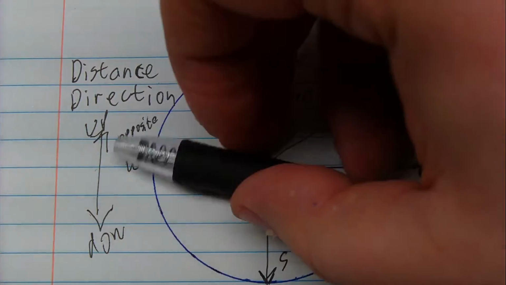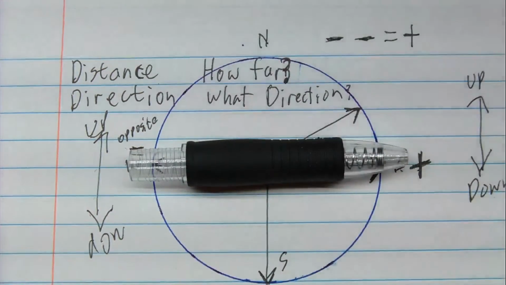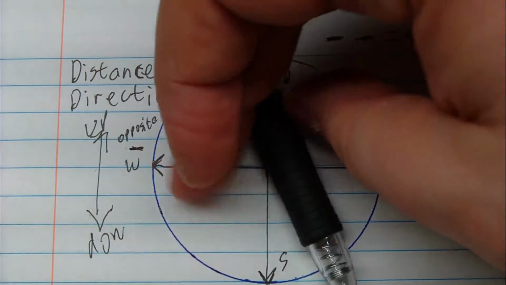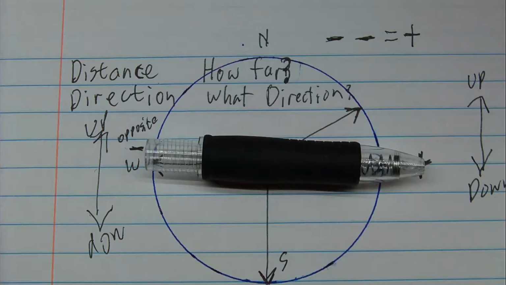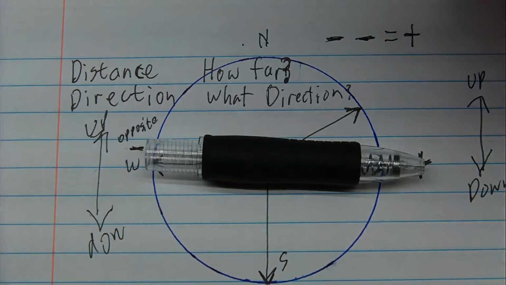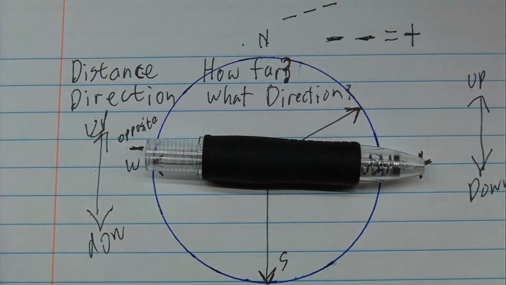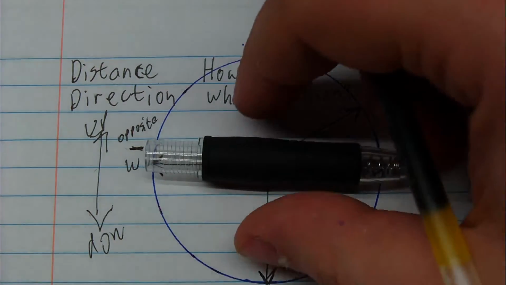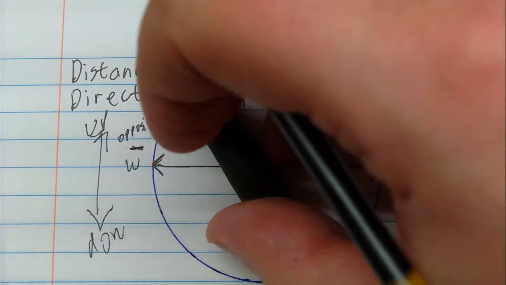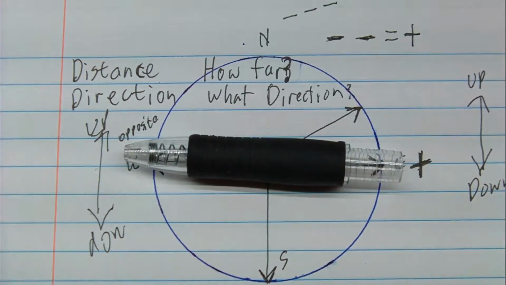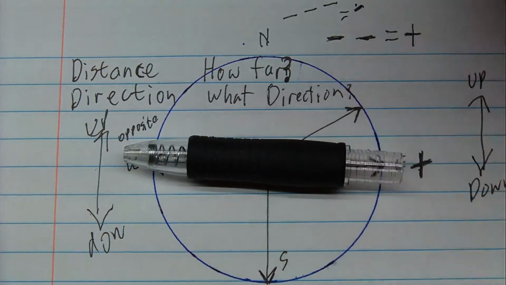So a negative times a negative is equal to a positive because I've turned around halfway, and then halfway again. So I've made 1 revolution if I go a negative times a negative. If I go a negative times a negative times a negative, that's turning around 3 times, that's going to equal a negative.